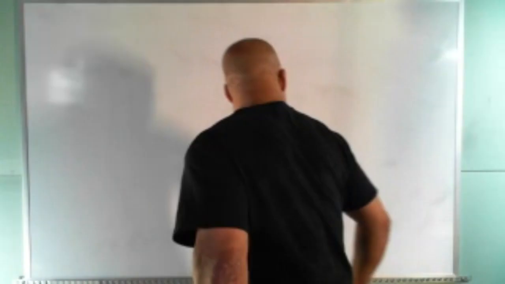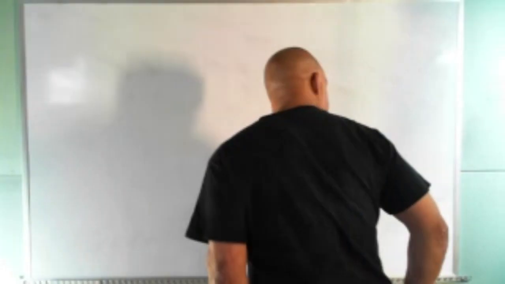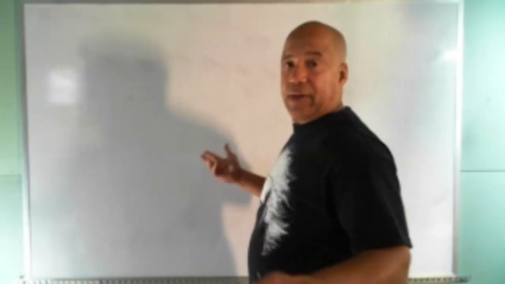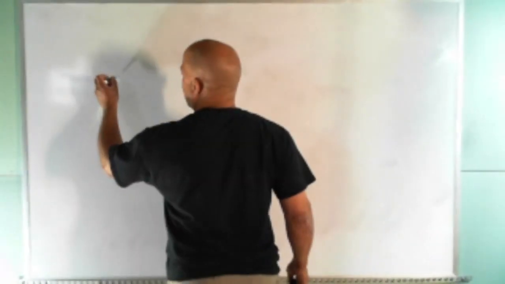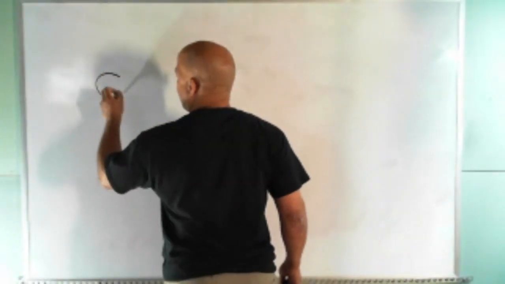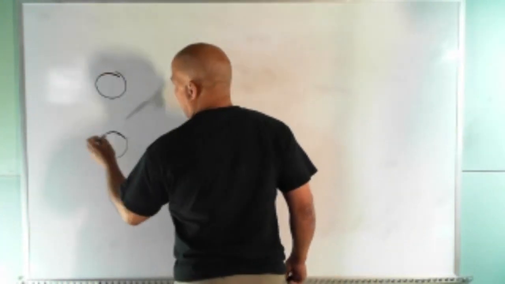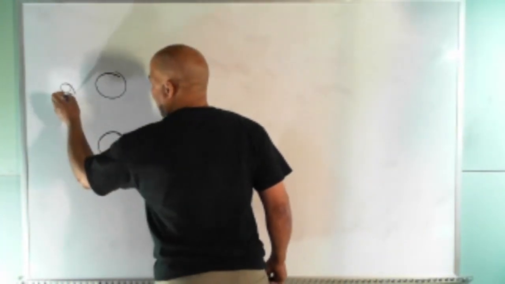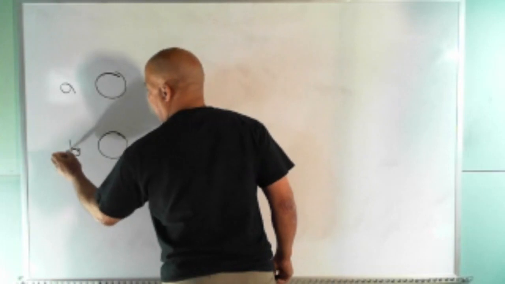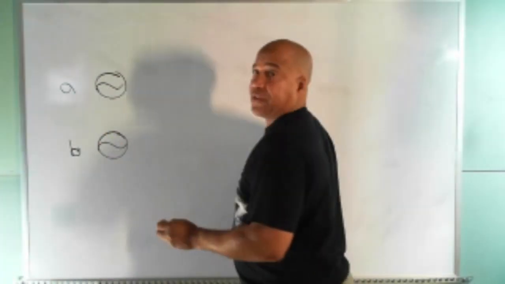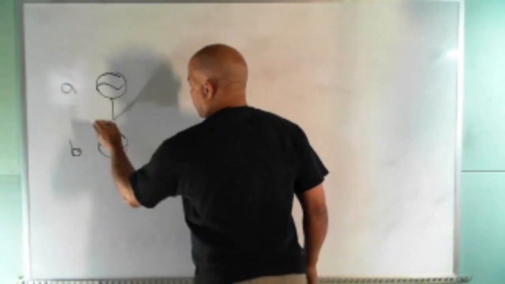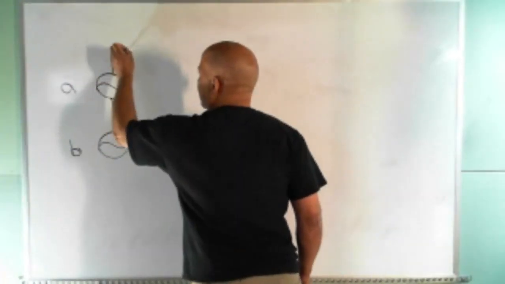I read it, but let me make the picture, it'll be a little easier to understand. So what they're saying is that we have two AC generators. So here's one, and here's the other one. We're going to call one of these A and one of these B, and they're hooked up in series. So I've got 2 generators hooked up in series.